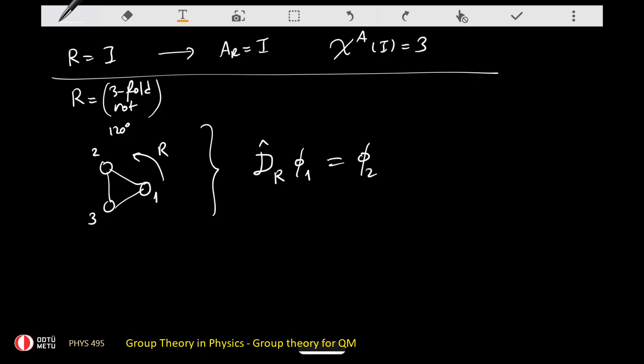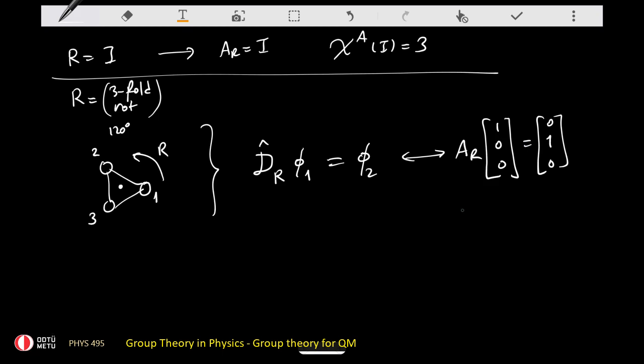But I'm not rotating around this atom. I'm rotating around the center of this molecule, and this rotation carries the atom to the second atom. So therefore it also changes the wave function. So this equation would look like, in our case, A(R) applied on the first wave function gives me the second wave function. All right, that's basically what it means.